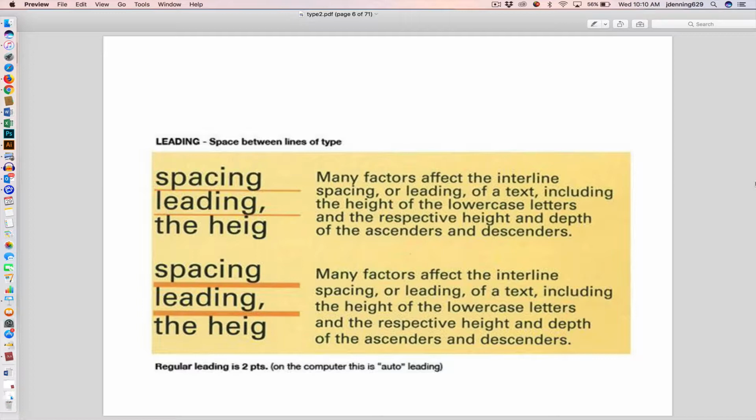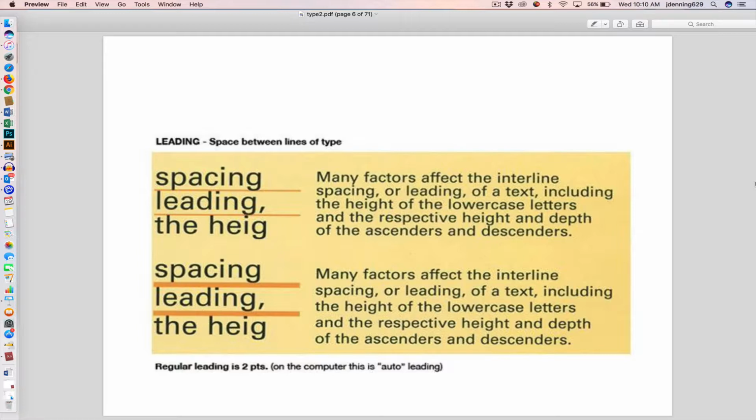So we can see here some different experimentation, and with leading, many factors affect the interline spacing or leading of the text, including the height of the lowercase letters and the respective height and depth of the ascender and descenders.